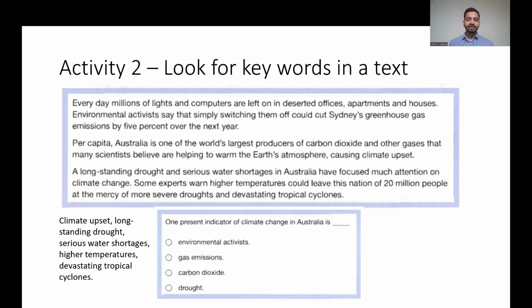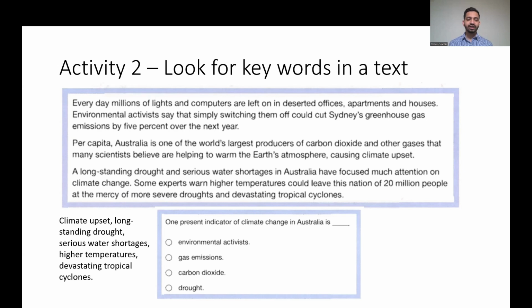Every day, millions of lights and computers are left on in deserted offices, apartments, and houses. Environmental activists say that simply switching them off could cut Sydney's greenhouse gas emissions by 5% over the next year. Per capita, Australia is one of the world's largest producers of carbon dioxide and other gases that many scientists believe are helping to warm the Earth's atmosphere, causing climate upset.